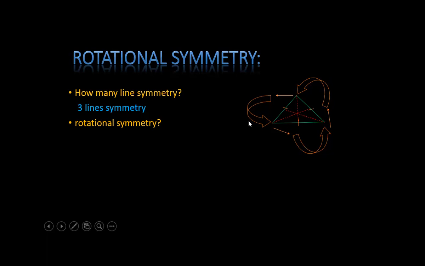It has 3 rotational order, or this rotation is of order 3. Let's check the answer. Rotational symmetry of order 3. That is the order of this rotation. The 3. That's 1, 2, 3, because it has 3 vertices. We change like this, so this will be here, and this part will be here, and this vertex will be here.